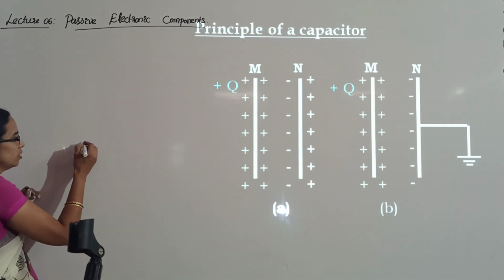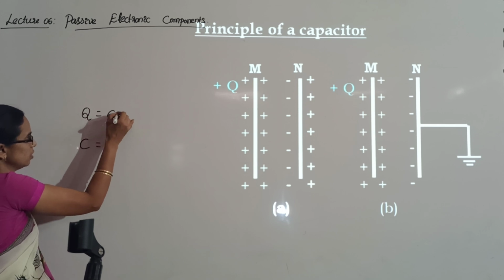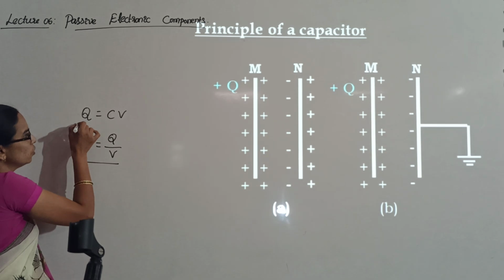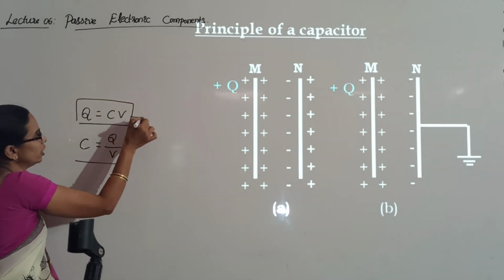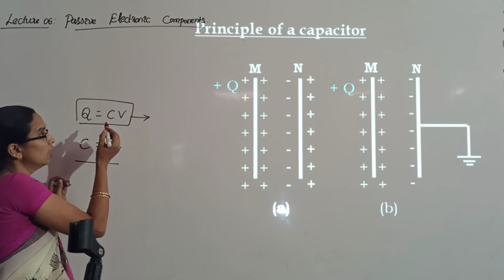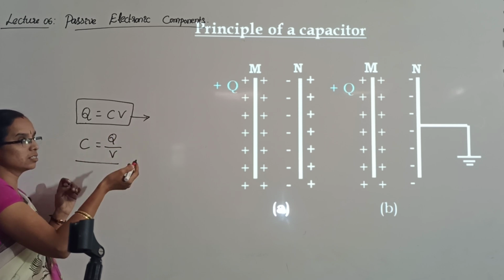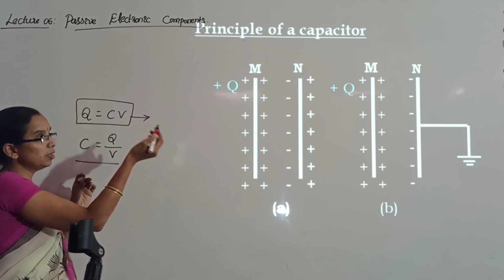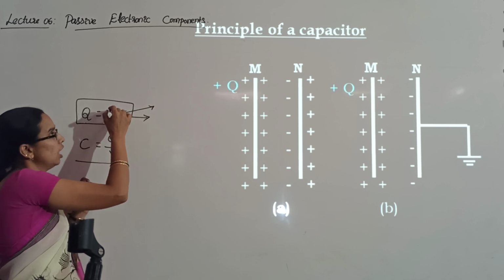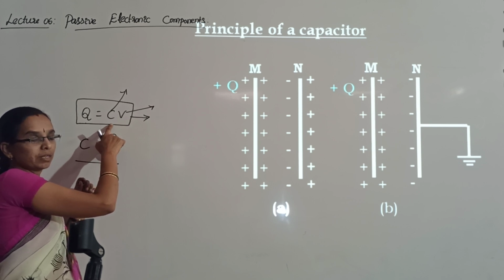According to the equation Q is equal to CV, C is equal to Q by V, if you want to store more charges on the plates of the capacitor, either you should apply more voltage or the capacitance of the plate should be increased.